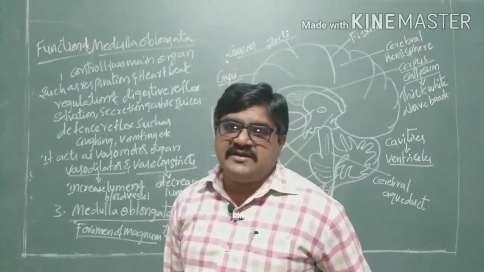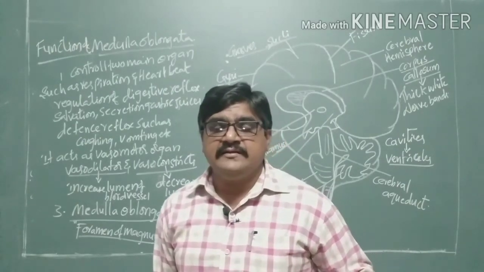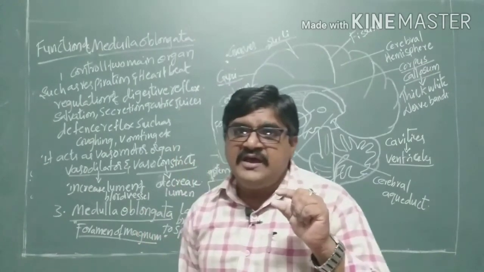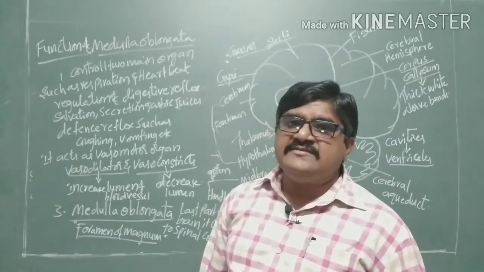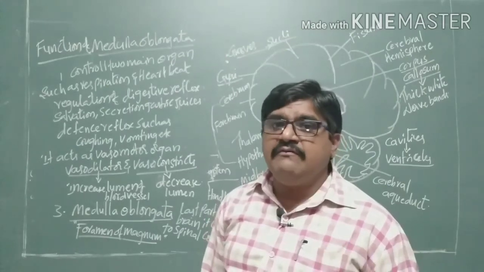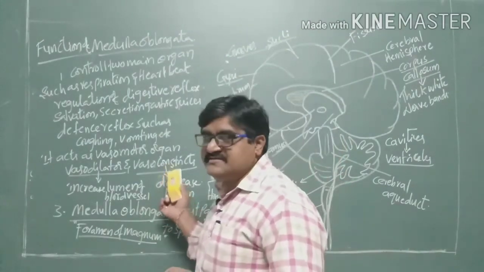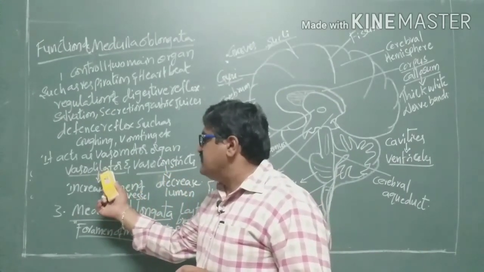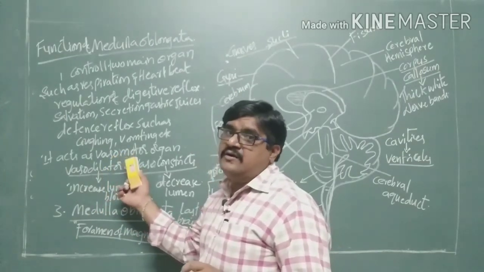In winter, the lumen of blood vessels decreases so that heat is not lost outside, and constant body heat is maintained in the cold season. So decreasing blood vessels is vasoconstriction, and increasing the lumen of blood vessels is vasodilation. So it acts as a vasomotor organ also.